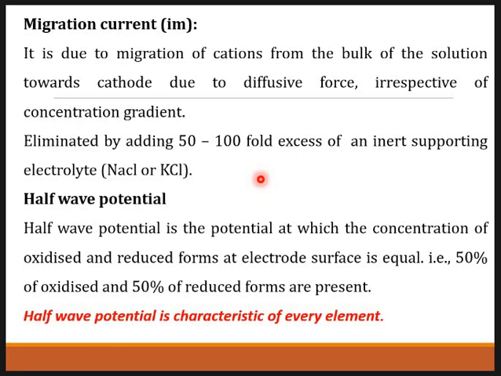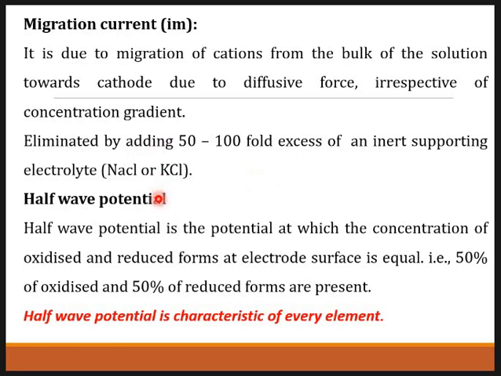It is eliminated by adding a 50 to 100 fold excess of inert supporting electrolyte. Usually for the electrolysis reaction in polarography, we have an electrolyte, and in addition to that, we use an inert supporting electrolyte, either sodium chloride or potassium chloride. Both sodium and potassium will not discharge at the cathode. That is, they do not interfere with the analysis, but they minimize the migration current.